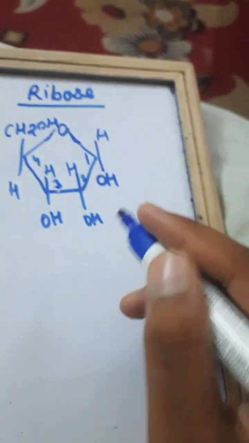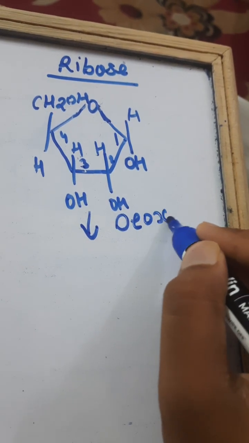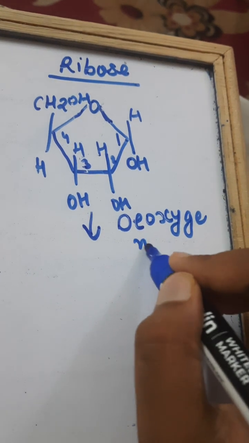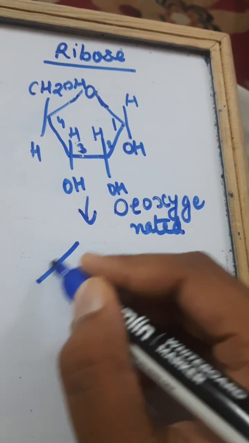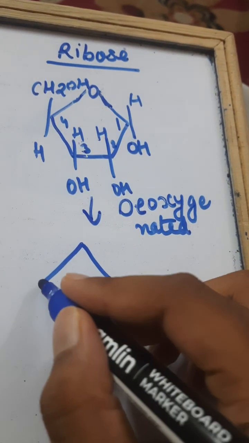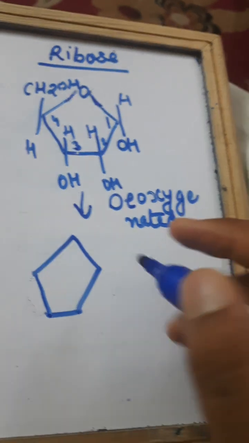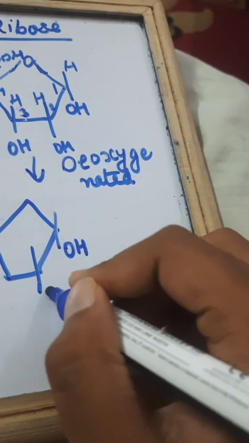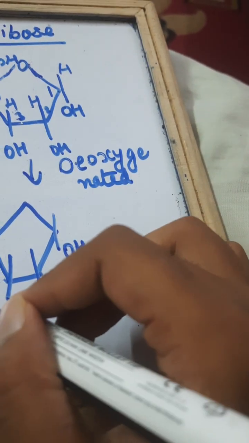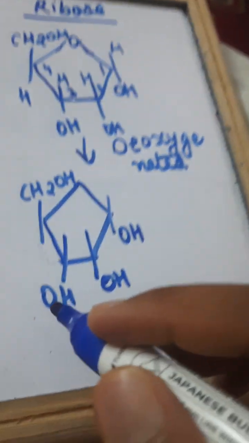When it has been deoxygenated, we get this type of structure: OH, OH, OH, CH2OH.